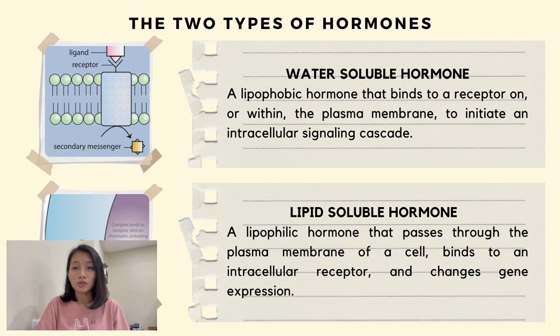There are two types of hormones, which are the water-soluble hormone and the lipid-soluble hormone. The water-soluble hormone is a lipophobic hormone that binds to a receptor on or within the plasma membrane to initiate an intracellular signaling cascade. The receptors for these hormones need to be localized to the cell's plasma membranes.